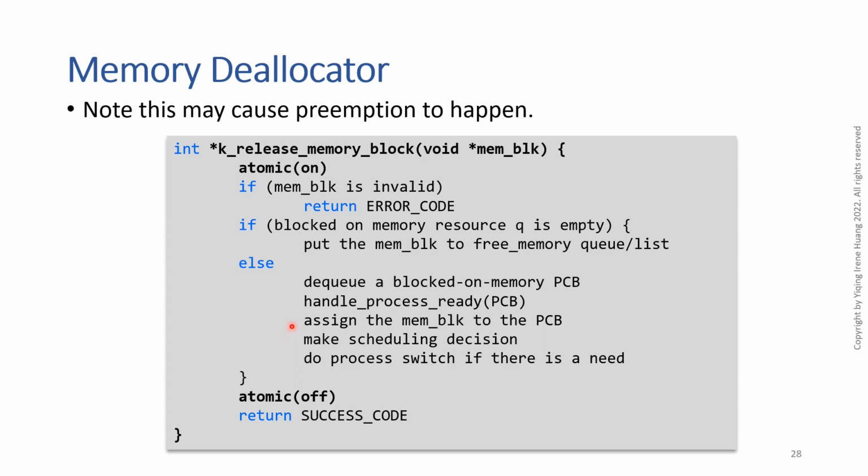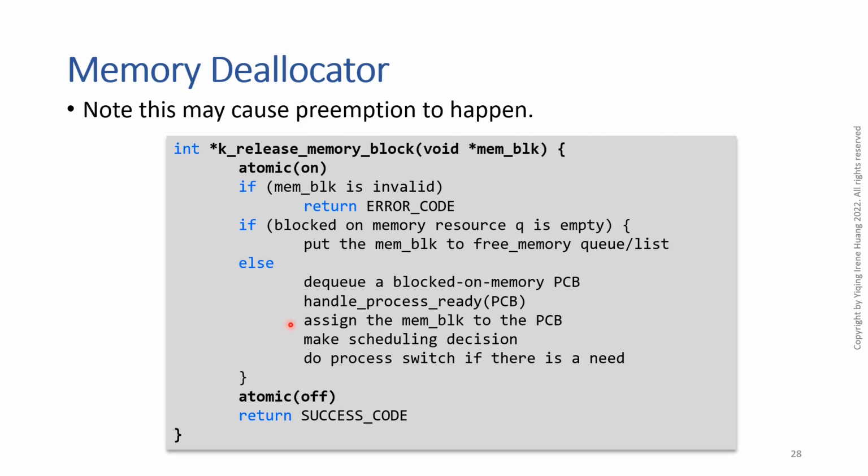So the reason why we do this assignment is because this scheduling decision may not choose the process that gets unblocked due to the memory. So we got a process that is ready because memory becomes available, and if we don't hold on to this memory and instead we just directly put it back to the pool, then it could be possible when it gets a chance to run, somebody else already stole that piece of memory.